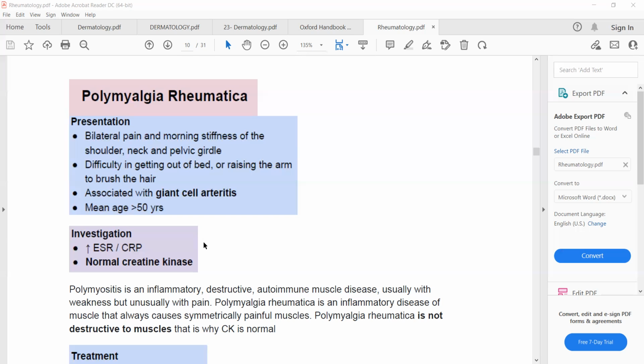Giant cell arteritis is basically, as its name indicates, an arteritis. It is an inflammation of an artery, such as the temporal artery and its branches. So giant cell arteritis mainly affects the temporal artery and its branches.